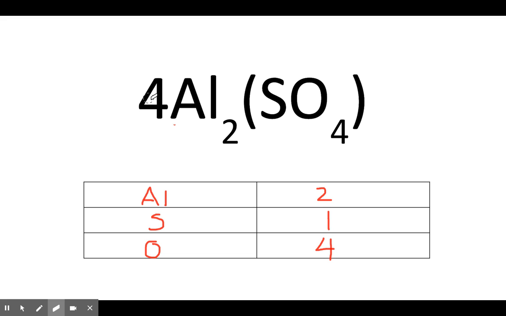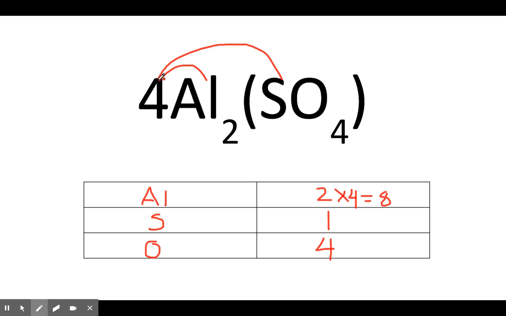So with our coefficient, we're going to multiply the 4 times all of the other numbers that we have here. So 2 times 4, we have 2 aluminum, but we're going to have 4 molecules of this, so we're going to multiply by 4, which will give us a total of 8. Then we're going to multiply, so we've done this one. Now we have to do this one.